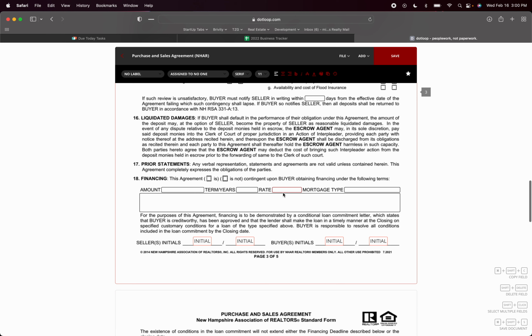So here you can put either an actual finite number, which definitely protects the buyer a little bit more, or you can just put current or prevailing, which means the buyer is willing to move forward at whatever the current interest rate is.